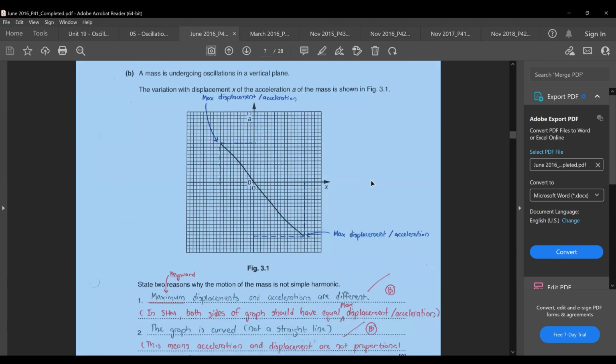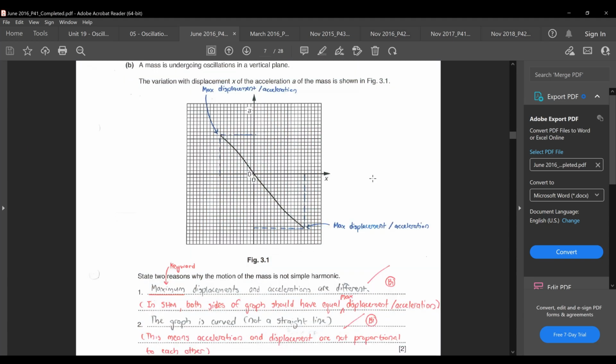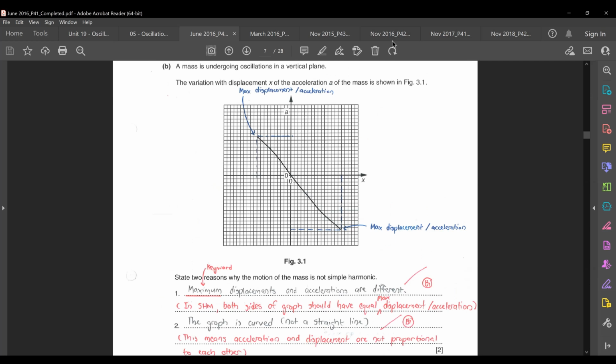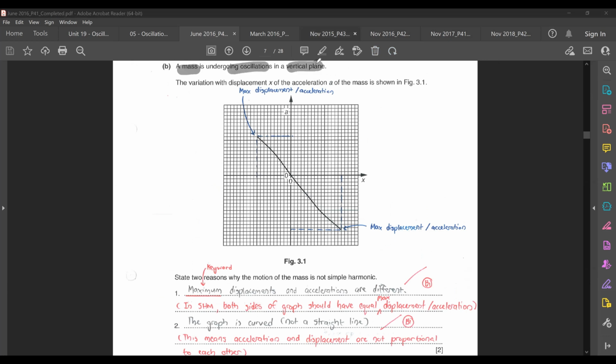This time they are asking you to identify from there why this mass is not undergoing simple harmonic motion. They tell you that the mass is undergoing oscillations in the vertical plane.